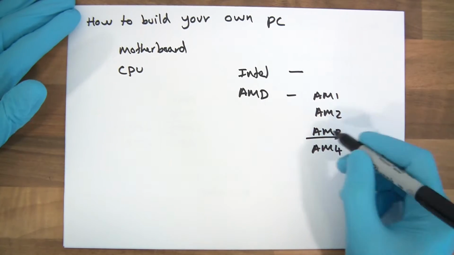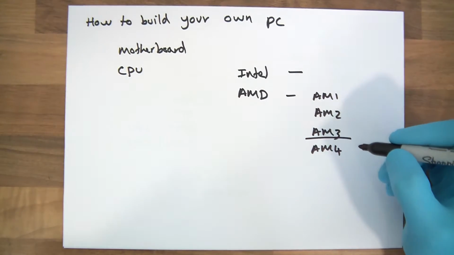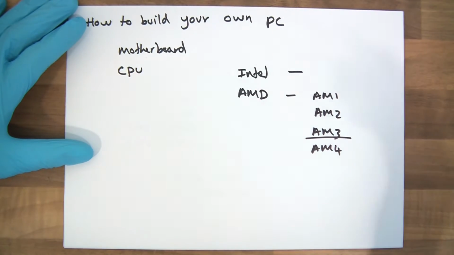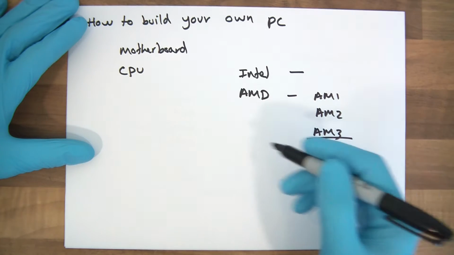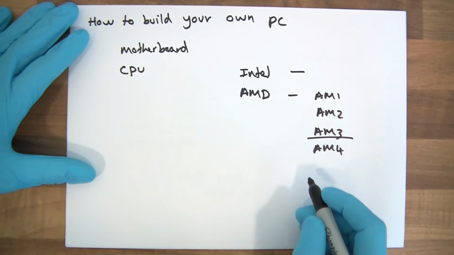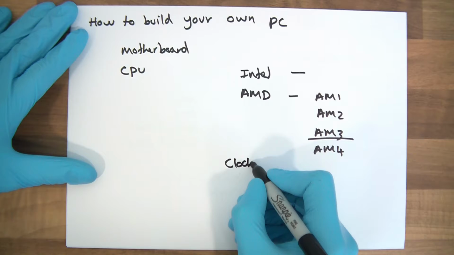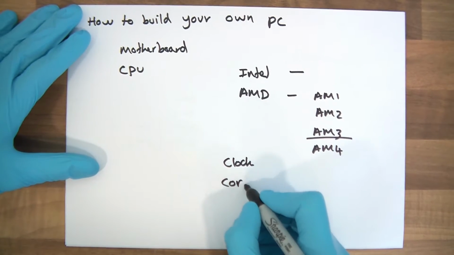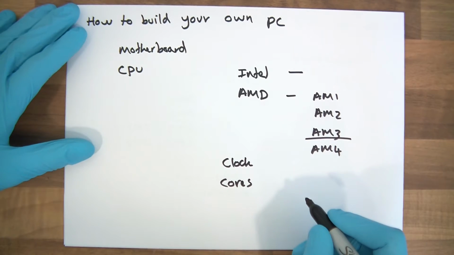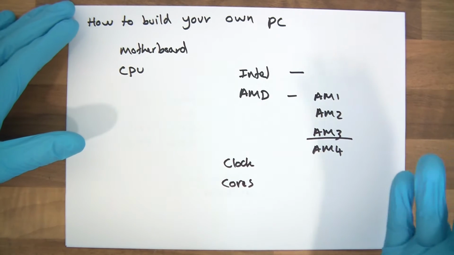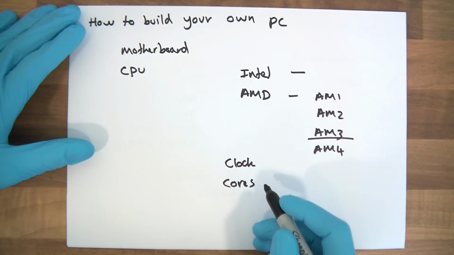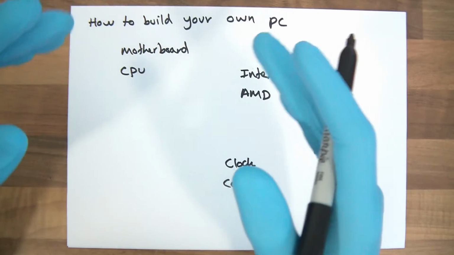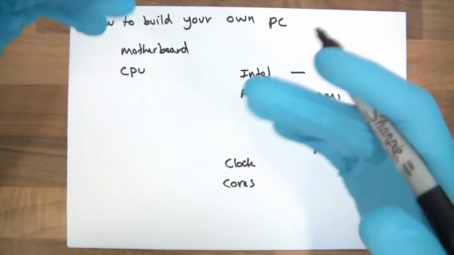Now, if you've chosen your socket, these are called sockets by the way, I called them families before, but they're actually called sockets. After you've chosen your socket, look online for CPUs of that socket, and you'll find that they're sold by clock speed and also the number of cores. Very generally, the higher the clock speed the better, but the more power consumption, and the more cores, the more it can do several things at once.